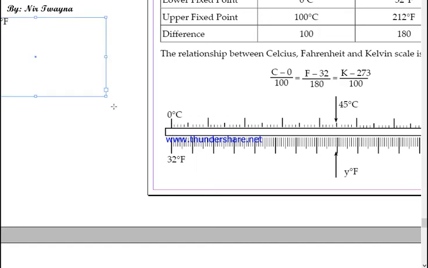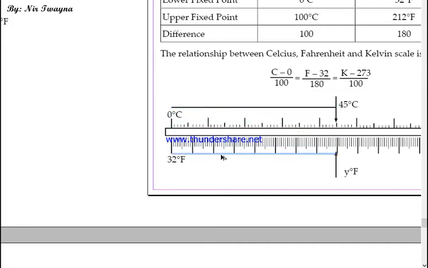If I take the segment of scale from here to here, whether it is in Celsius scale or Fahrenheit scale, does it matter? They are always the same. This is also length and this is also length. If they are both length between the same segment, then they must be equal.